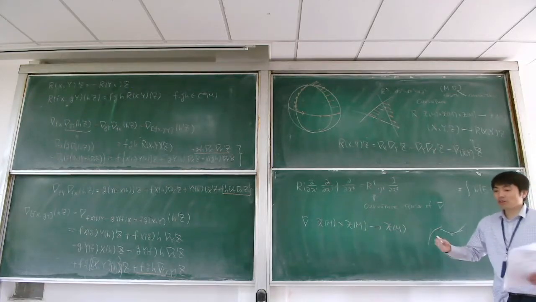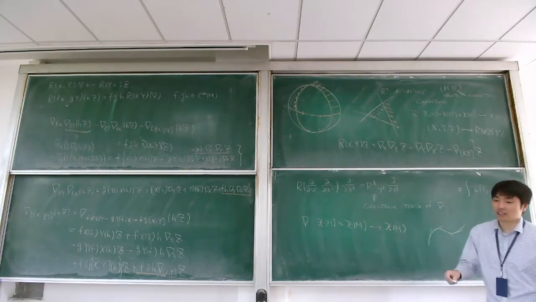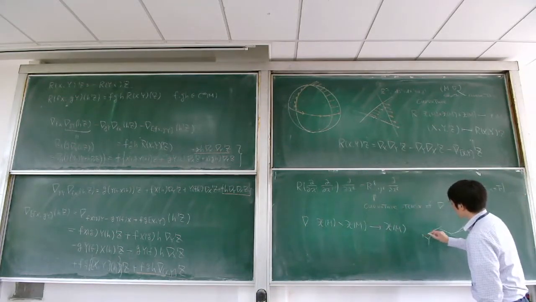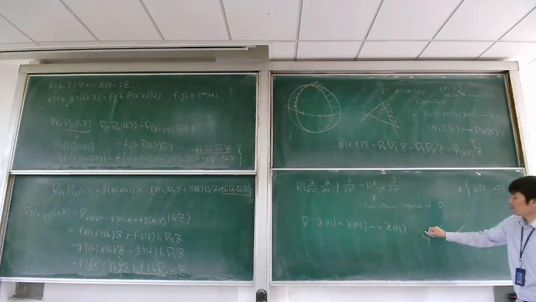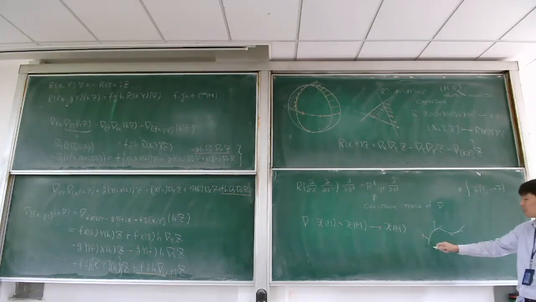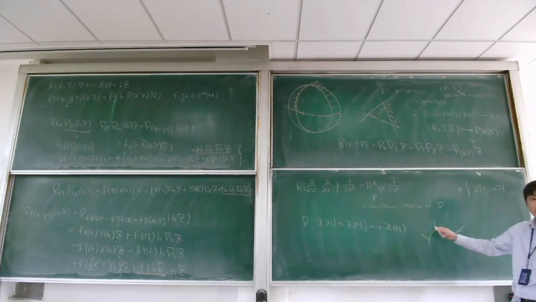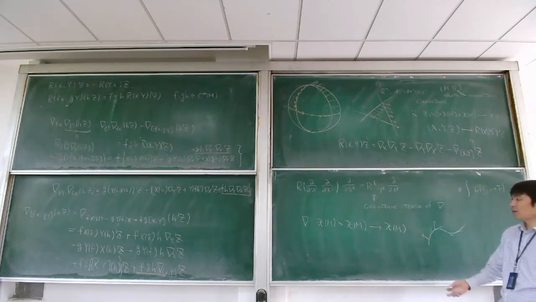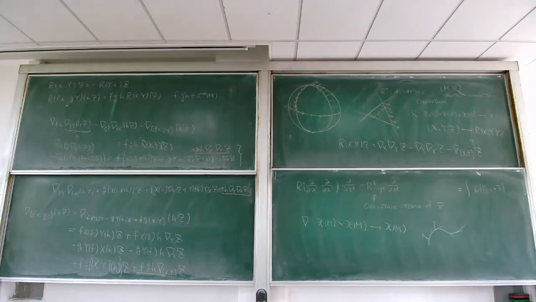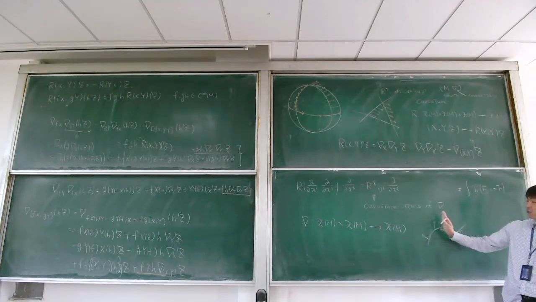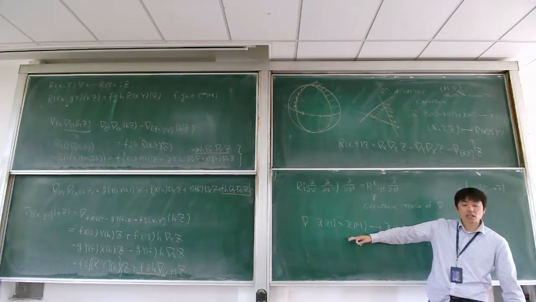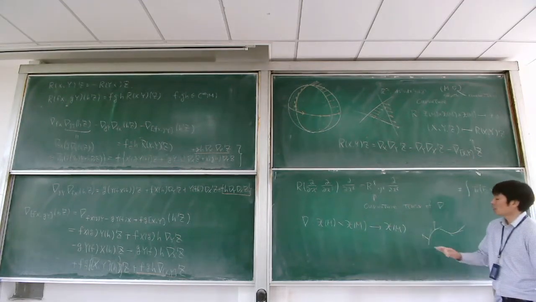Then we want to do the parallel transport of another vector field along this curve, along this tangent vector. Therefore, the reason why we need two vector fields is that you need to do the parallel transport with respect to another vector. Okay, that's why we need to introduce two vector fields.